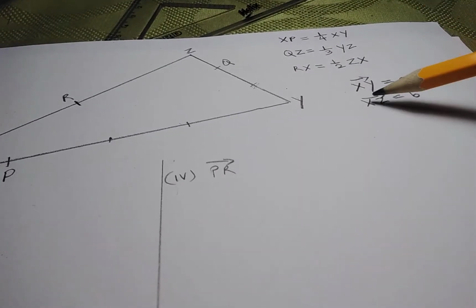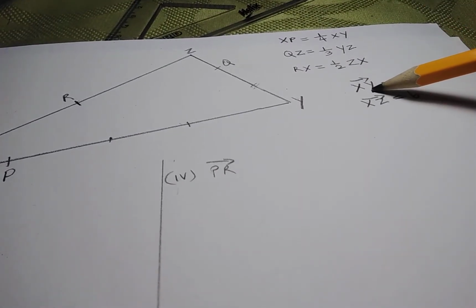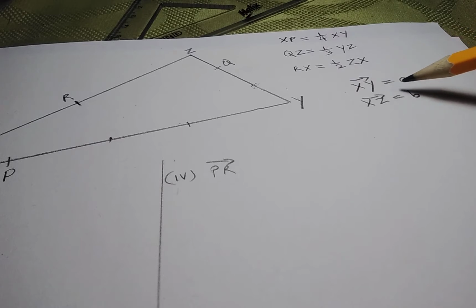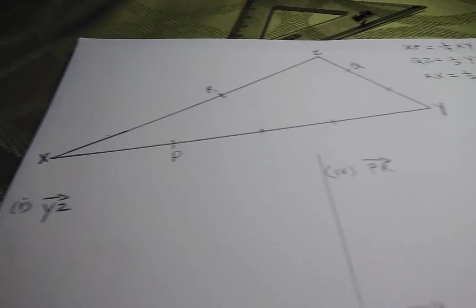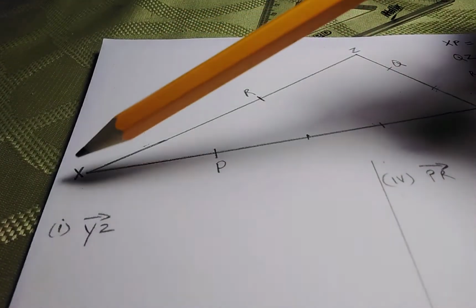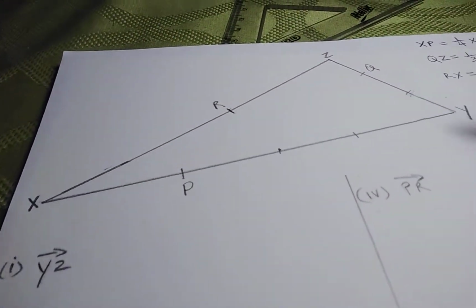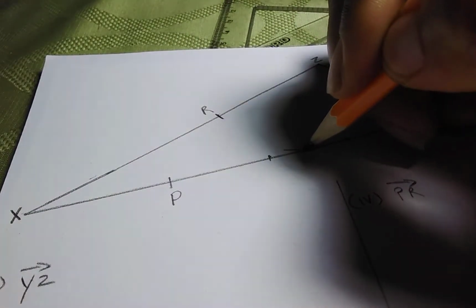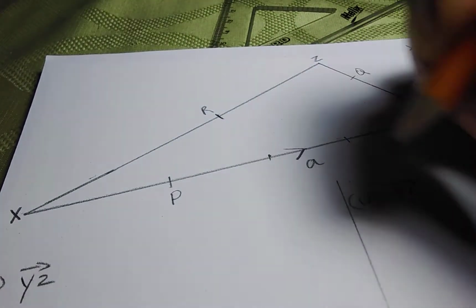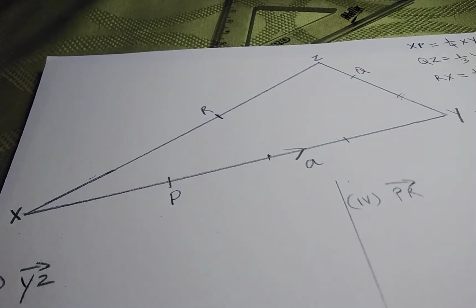However, the vector XY, notice it has an arrow, XY is equal to a. So we have to look at the diagram, look at the direction from X to Y, draw in the arrow to show the direction, and all of that length or magnitude is equal to a.